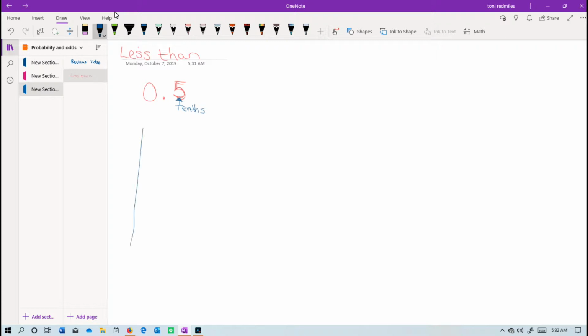So if I was going to model this, let me draw my candy bar.